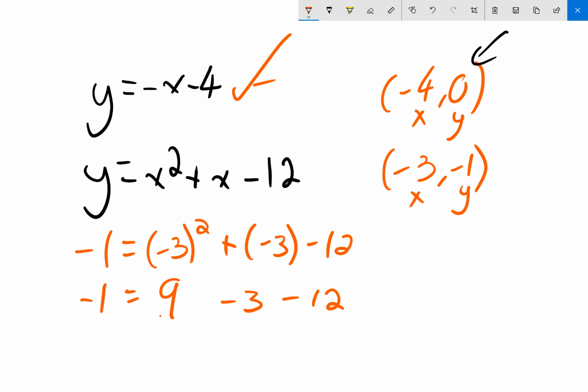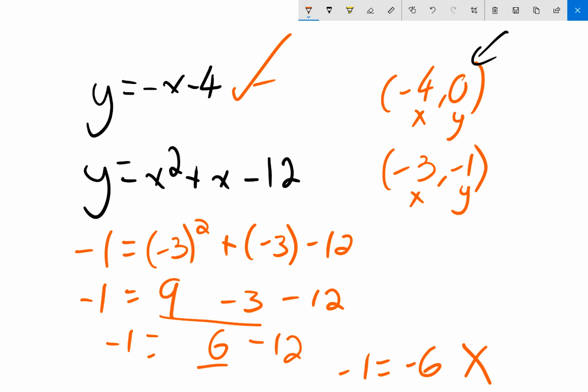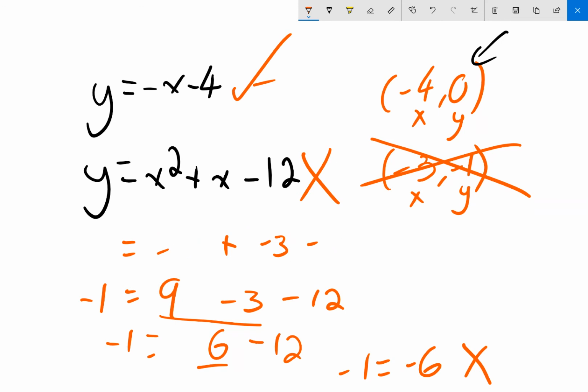So 9 minus 3 is 6, and 6 minus 12 is -6. So -1 equals -6 is what this says. That's not true. -1 does not equal -6, so it does not fit in this equation. So this point is not a solution to the system.